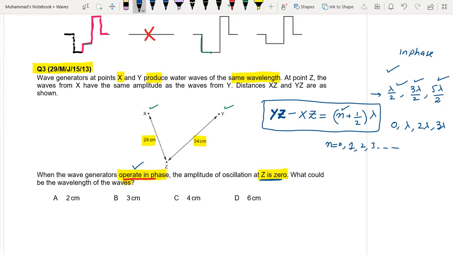So what we will do over here, the path difference between these two waves is 10. So I will put n plus half lambda equal to 10, because I am given the path difference as 10. I will check for n equal to 0. If I put n equal to 0, then I get lambda by 2 equal to 10.